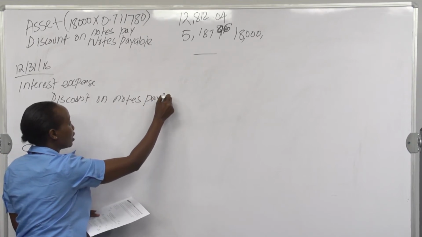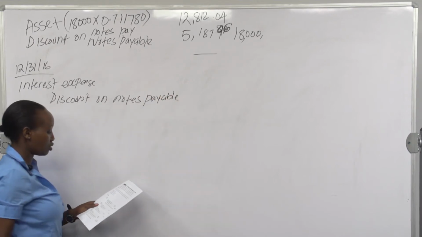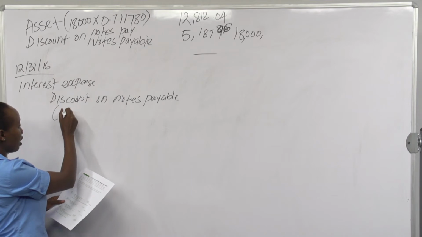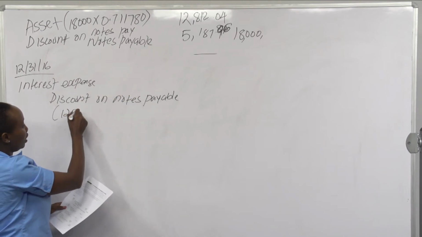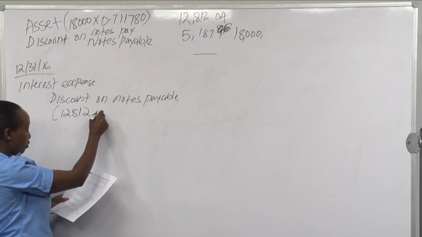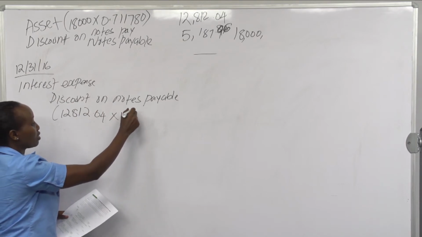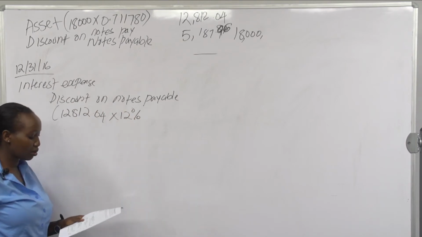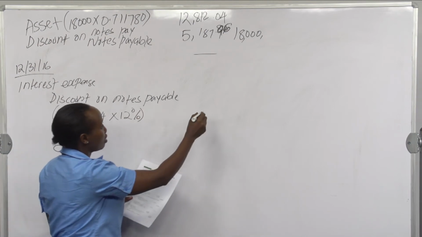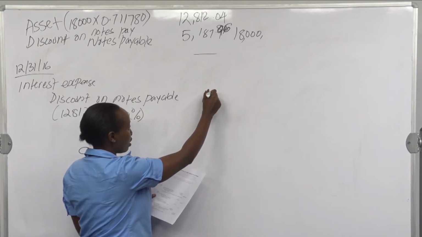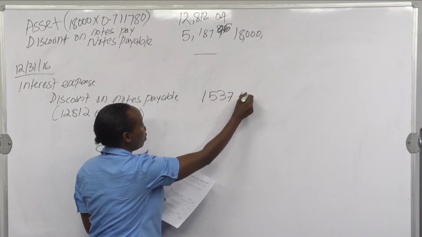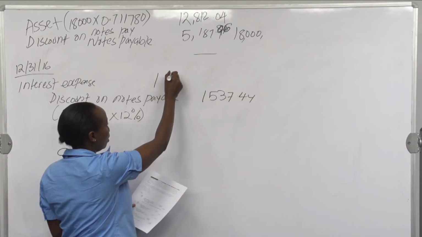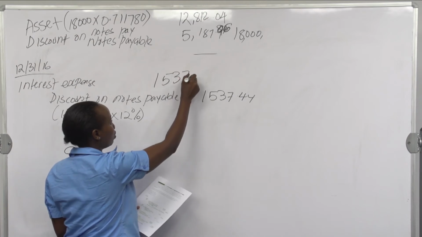The amount is 12,812.4 times 12%, since we already know Webb's incremental borrowing rate. So this becomes 1,537.44.